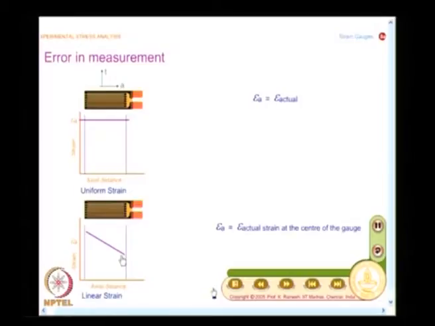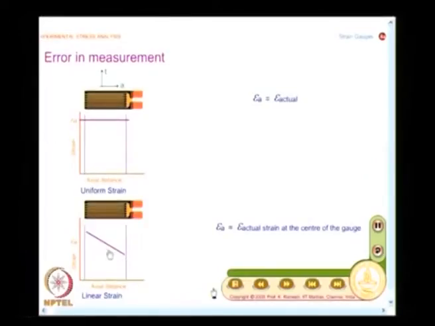This happens when you take a cantilever beam and put a strain gauge on top of it, strain varies linearly, because the bending moment varies linearly. So, in a problem where strain varies linearly, does the gauge length have any influence? Again, it does not, because the average strain that you measure at the center is the same as your actual strain.